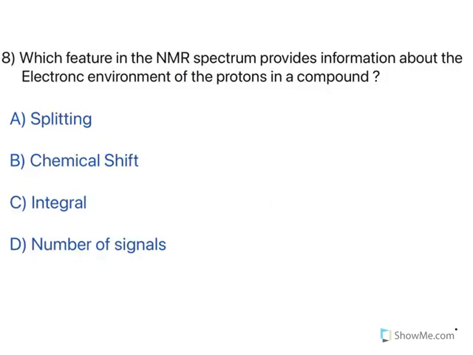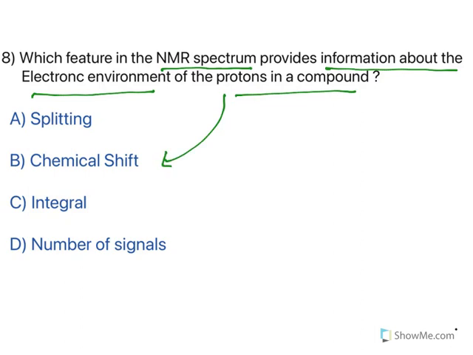Moving to the next one. Now, which feature in an NMR spectrum provides information about the electronic environment of the protons in a compound? Option is chemical shift. See, the same concept is tested in three different ways. The moment you see NMR spectra, the difference in signal is because of electronic environment, and this is known as chemical shift.